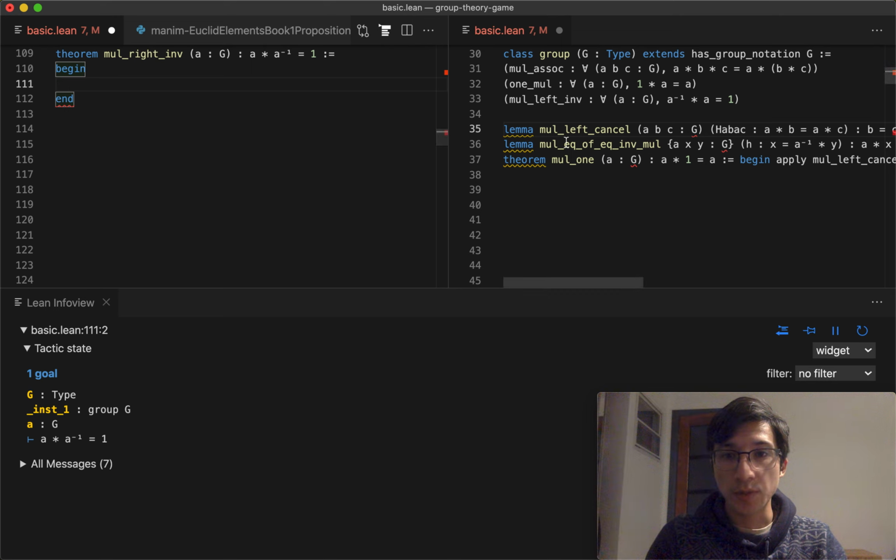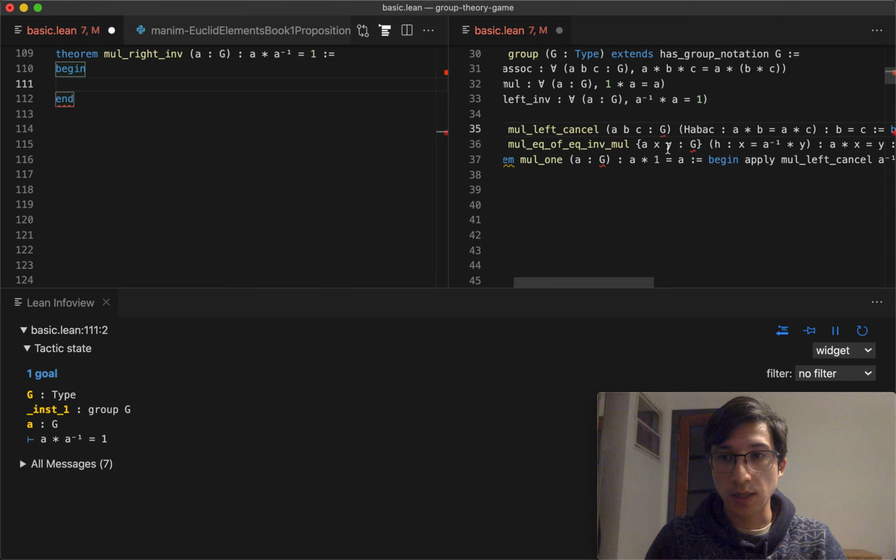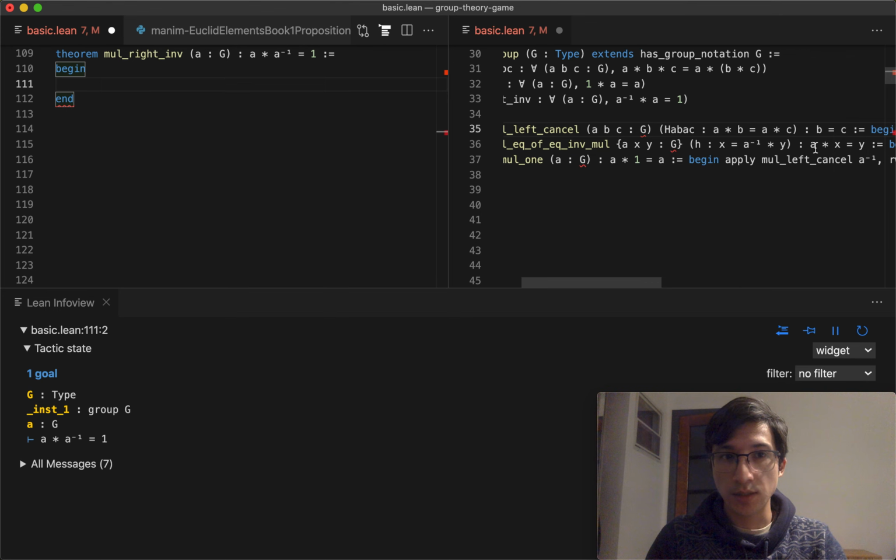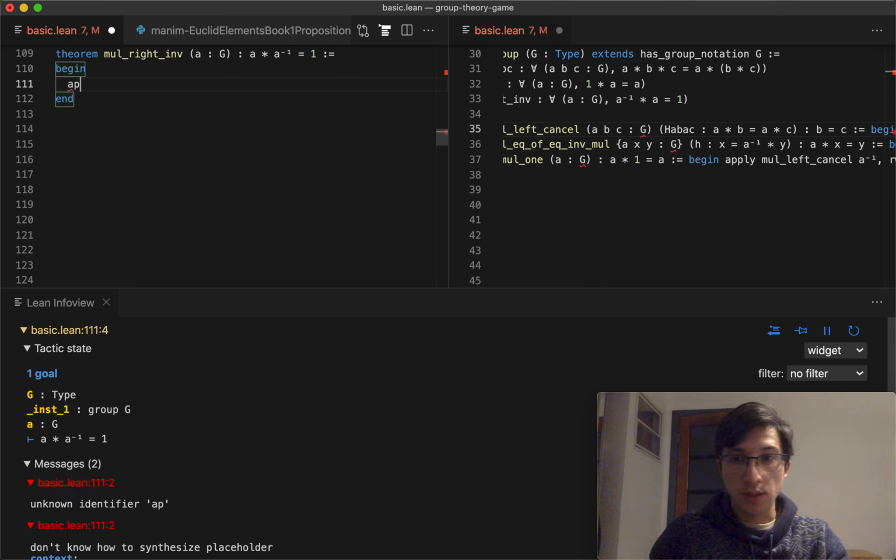If we look at mul_eq_of_eq_inv_mul, we see that if we pass in a times x equals y, and if we look at our current form, which has a times a inverse equals 1, we could pass in as parameters a inverse and 1, and this will in turn be the shape that we want. And so let's try that.